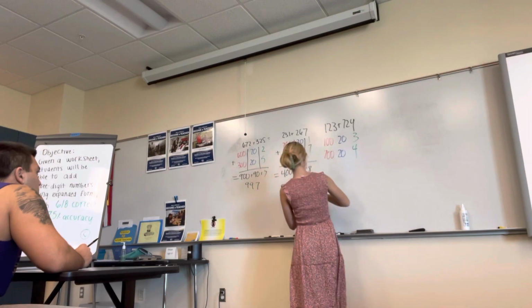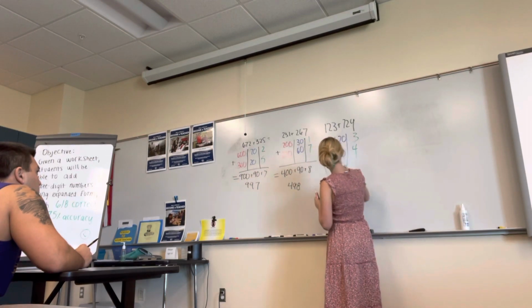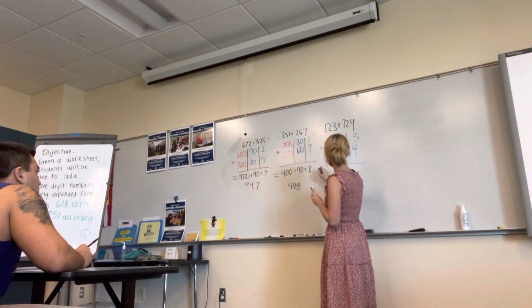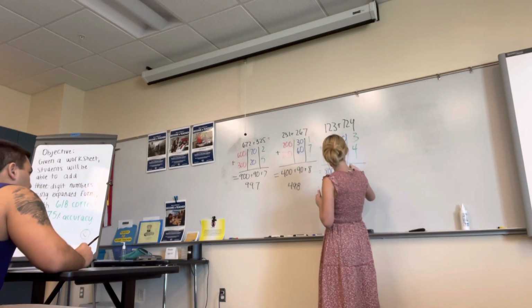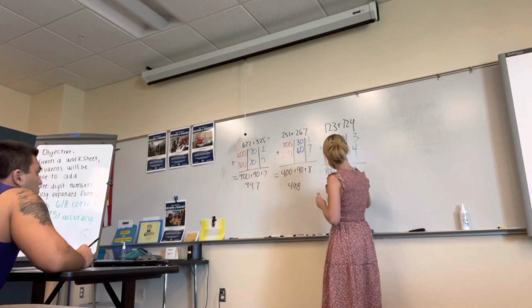I'm just going to do it with this one right here. This is already done for you on the worksheet. You should have got 800 plus 40 plus 7, 847.